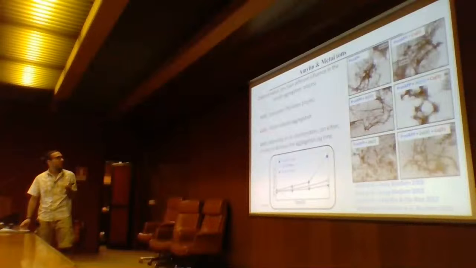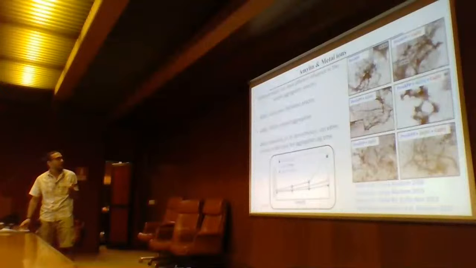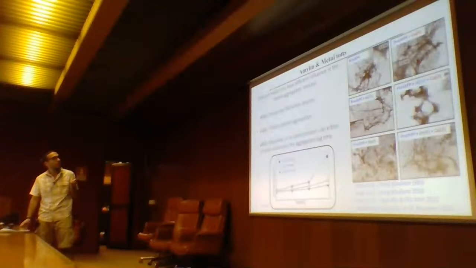Copper seems to inhibit the aggregation process, while zinc, depending on the concentration, can either increase or decrease the aggregation time. On the right, you can see some TEM images, and the shape of the aggregate is different according to the sample composition.